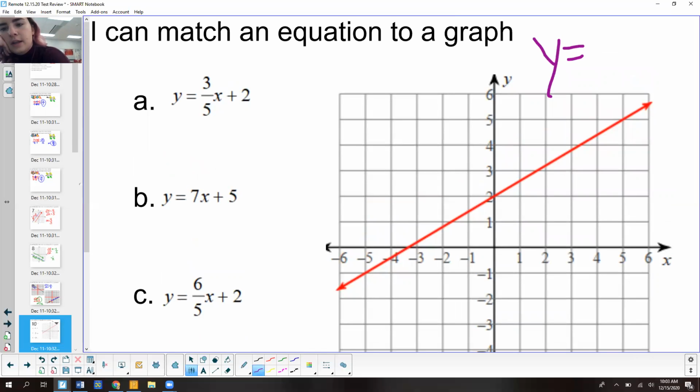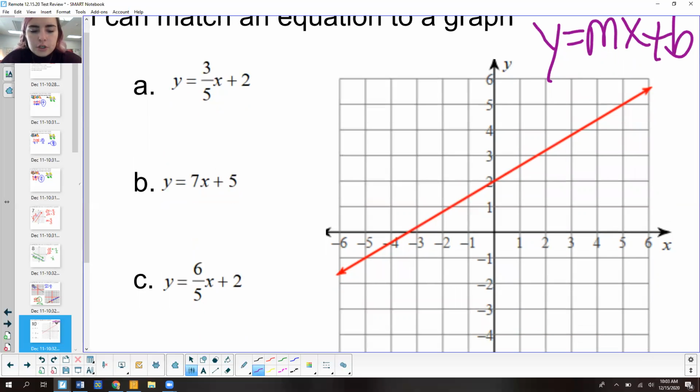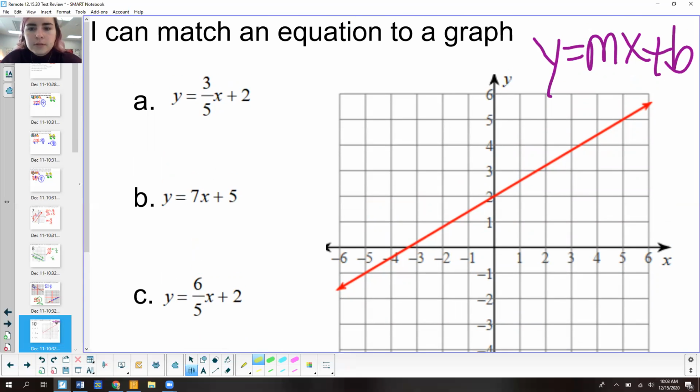Remember, we have that y equals mx plus b format that we have identified. So I would make sure in your brain you know which one is the slope and which one is the y-intercept. So for this first one, our slope is going to be 3/5. Our y-intercept is going to be +2.